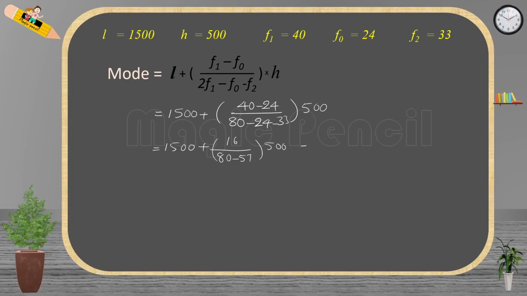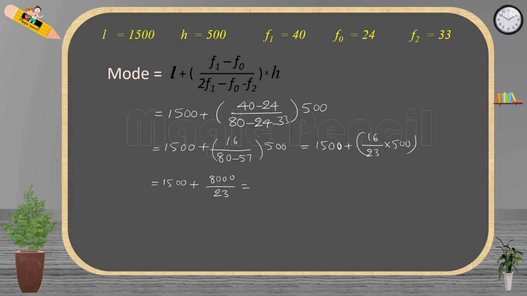Then when you simplify further, 1500 plus 16 by 23, because 80 minus 57 is 23, into 500. Then 1500 plus 16 into 5, 16 fives are 80, so 8000 by 23.